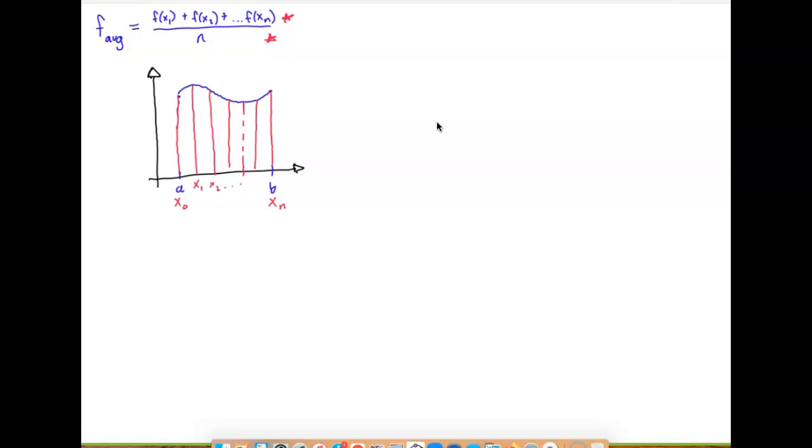So I'm going to use some formulas that we already know. A formula that involves n and the length of the interval is the delta x formula, remember? Delta x equals b minus a divided by n.